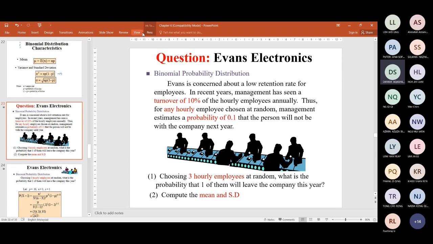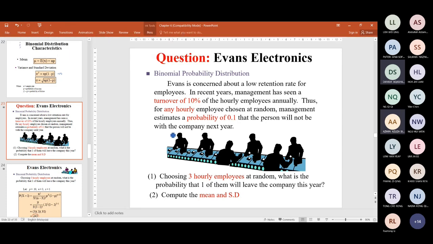Example. Evans is concerned about a low retention rate for employees. In recent years, management has seen a turnover of 10% of the hourly employees annually. Thus, for any hourly employee chosen at random, management estimates a probability of 0.1 that the person will not be with the company next year. So you see the sentence here.